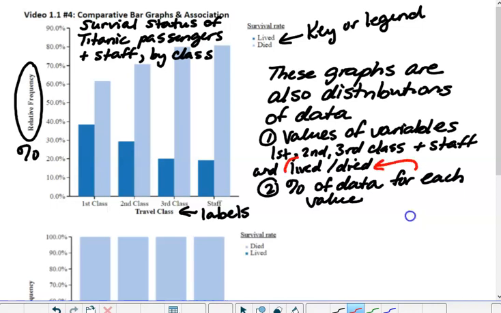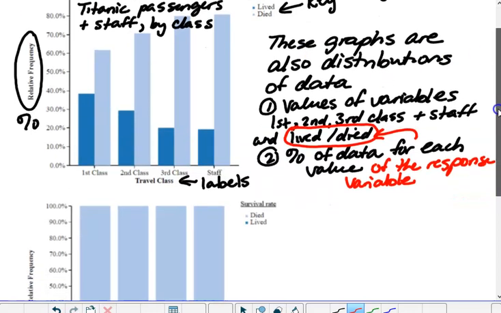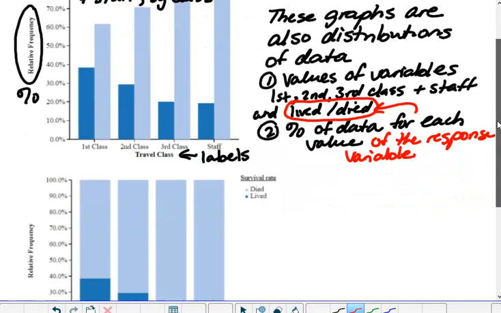Okay, so this is specifically focusing on the response variable, the percent of data for each value of the response variable. We actually don't know from this graph what percent of the passengers were actually in first, second, and third class. Okay, so we just know which percent lived and died in each class. So this is showing the distribution of the response variable.